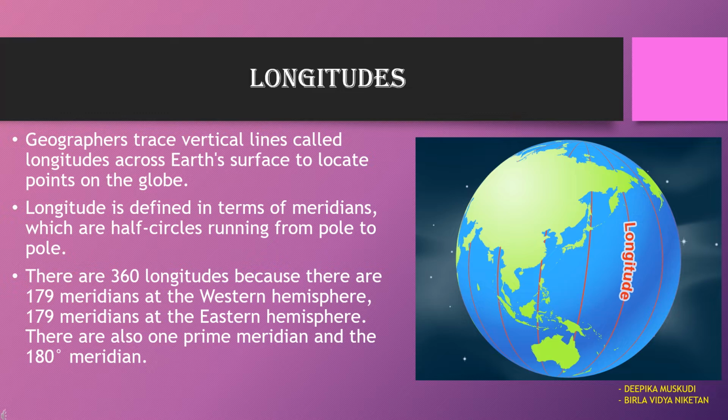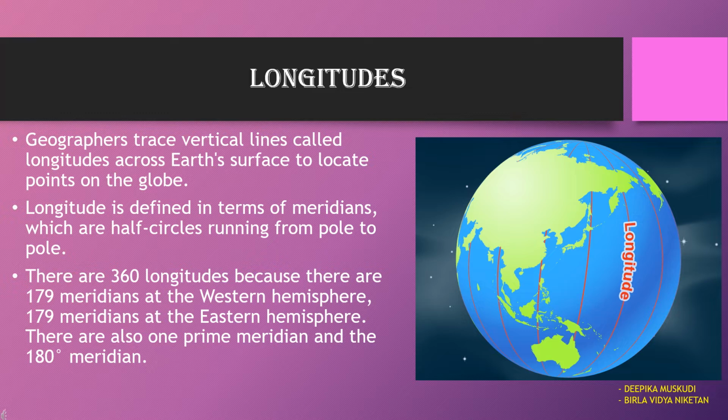They meet at both poles and specify the east to west position of a location. Longitudes are imaginary circles that intersect the north and the south poles, and the equator. Half of a longitudinal circle is known as a meridian. Meridians are perpendicular to every latitude.